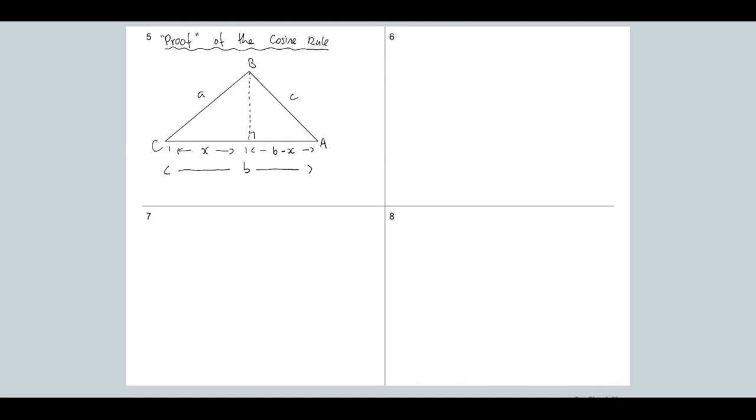Okay, so looking at this right-hand triangle, from Pythagoras' theorem, we have c squared equals the height of that triangle, h squared, plus the bottom length of that triangle, which is b minus x.